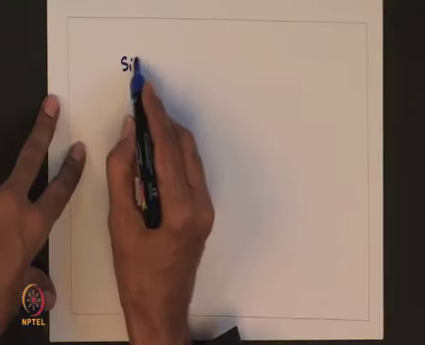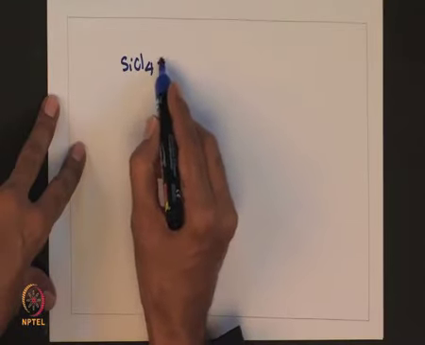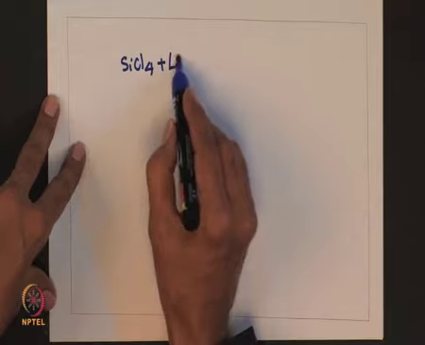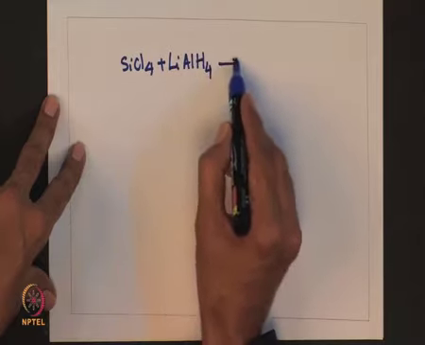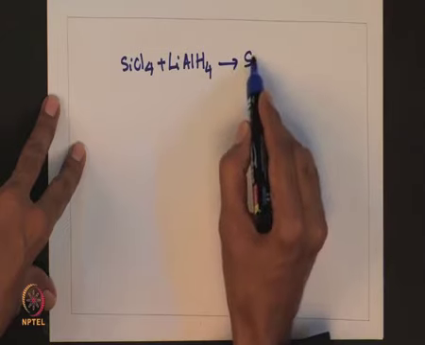And let us look into the general methods of preparation of some of these hydrides. Again we can use the corresponding halides and some reducing agents such as lithium aluminum hydride. For example, SiCl4 when it is treated with lithium aluminum hydride leads to the formation of SiH4, silane.